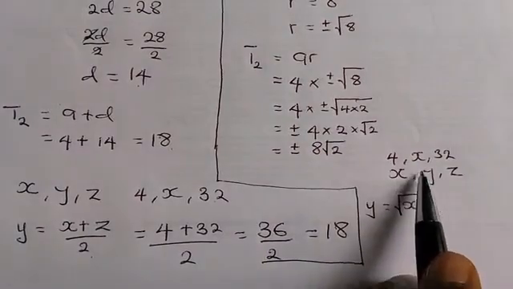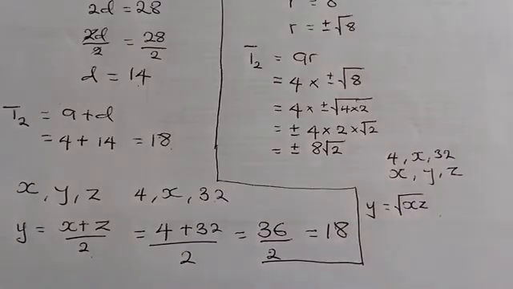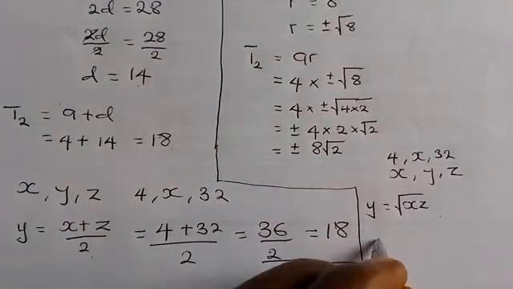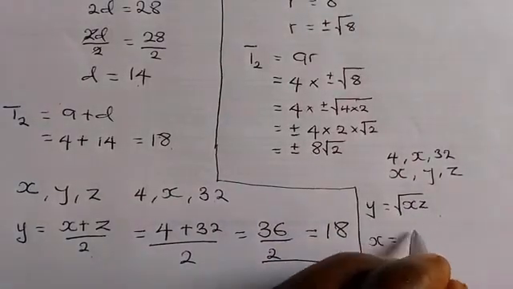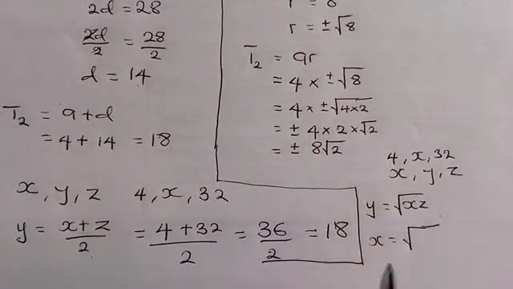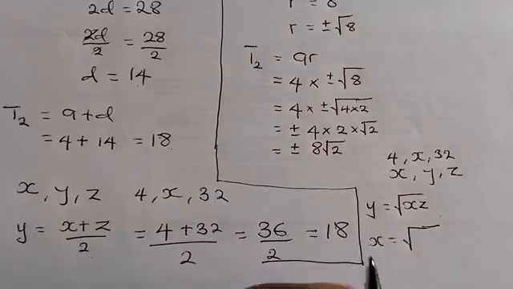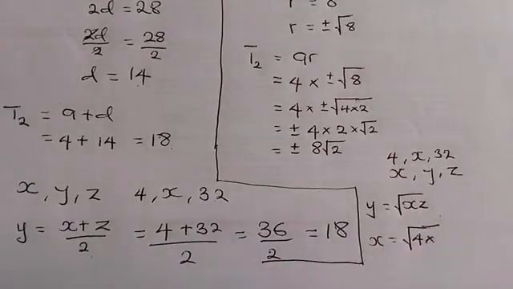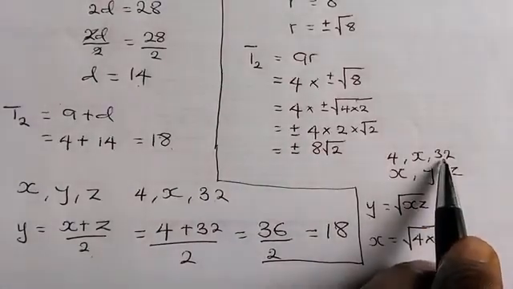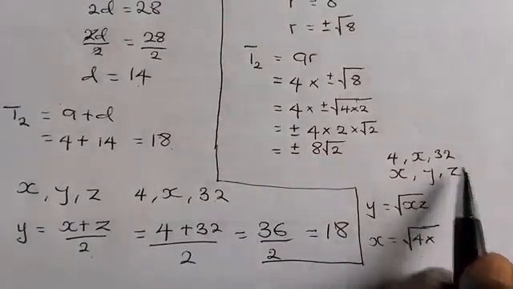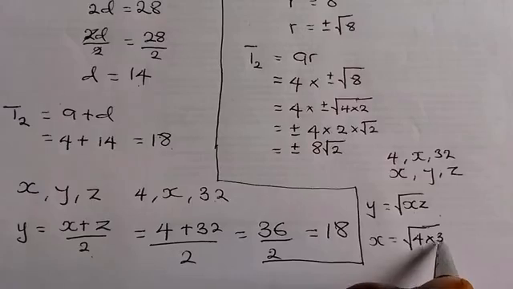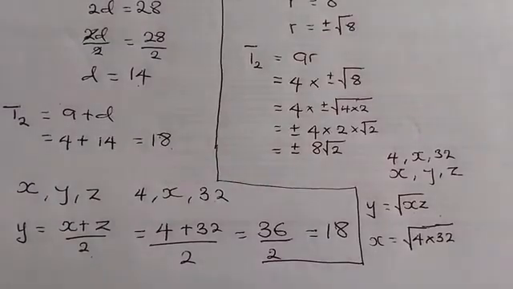And y, which in this case corresponds with x, which we are asked to find, will be equal to the square root of the first term here, which is 4, multiplied by the third term here, which is in the place of z, 32. So we are going to have 4 times 32.